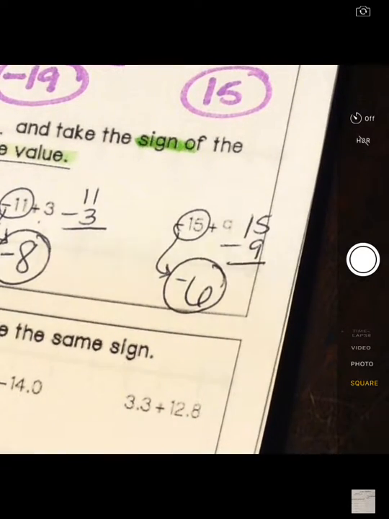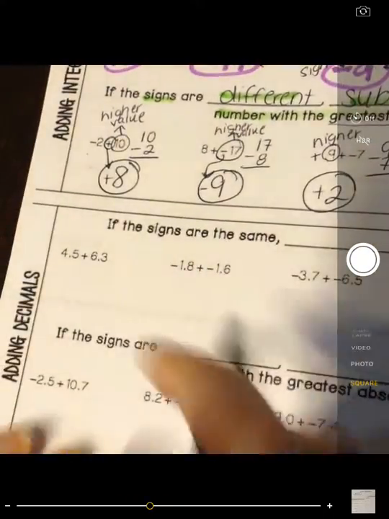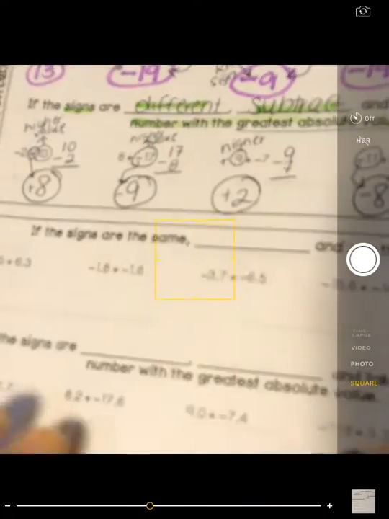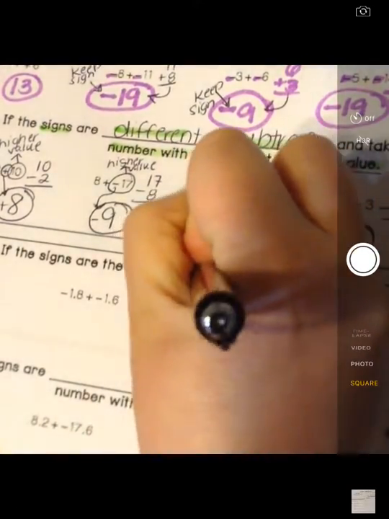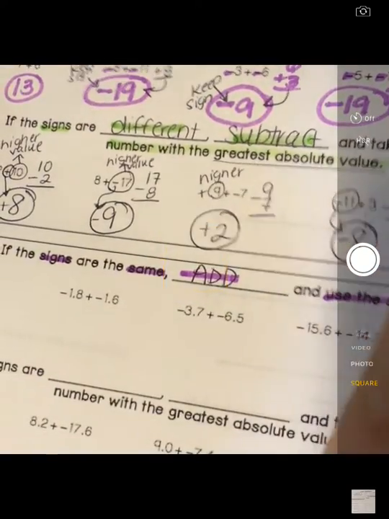So, just like it said up top, we follow the same steps, whether it's fractions, decimals, or integers. Let's look at the next box. It says we are going to be adding decimals this time. If the signs are the same, we still will add and keep. So we're doing the same exact thing. Signs, same, add, keep.